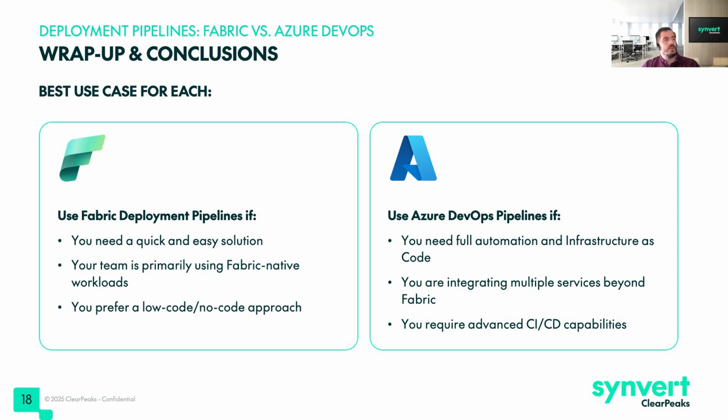The other consideration here may be that if you have other systems integrated within your platform, not only relying on Fabric, in this case you may also need Azure DevOps to interact with these other systems. And again, if you require much more advanced CI/CD capabilities, for example, adding semantic model data quality validations like we have showcased in other webinars of this series, then again, we highly recommend going for Azure DevOps pipelines integrated in Fabric.